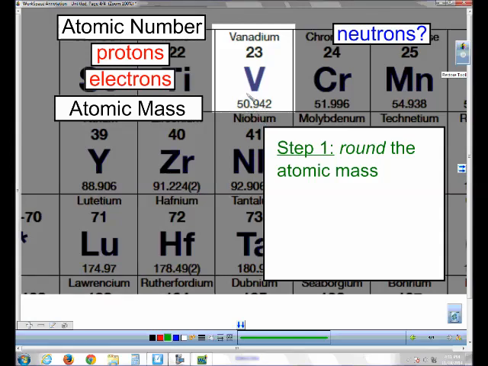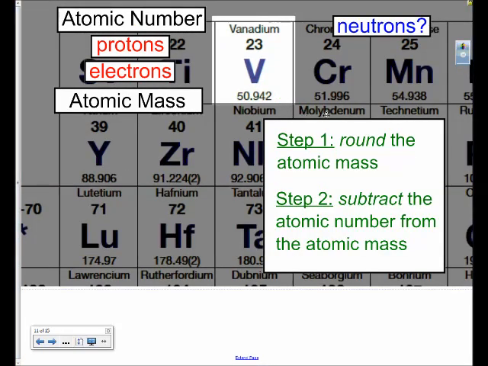So we need to round this off to the nearest whole number. To do that, we have to look at the number that's just to the right of the decimal place. In this case, it's a 9. Since it's 5 or more, that means we round up, and this is going to round up to 51. So that's our first step.